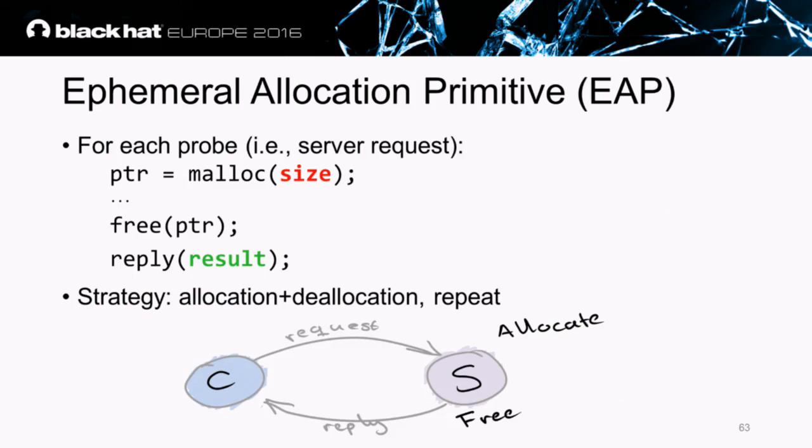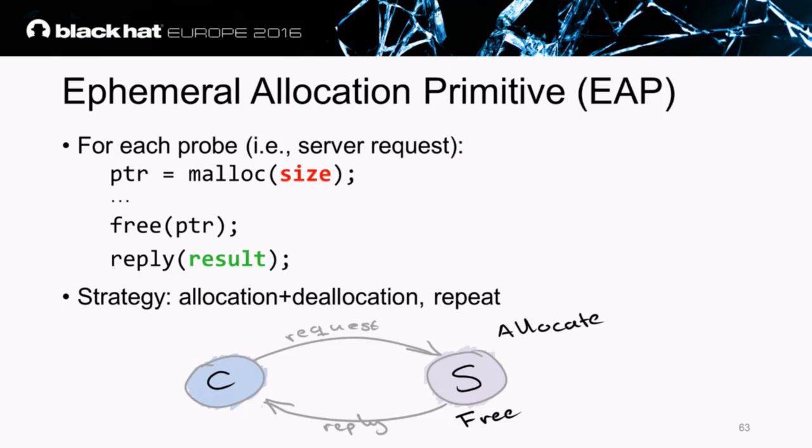We define two primitives. One primitive of allocation oracles is the ephemeral allocation primitive, where the allocated memory is short-lived. It gets allocated, but shortly later it gets deallocated. It looks as follows. You control the size of, for example, a malloc function.